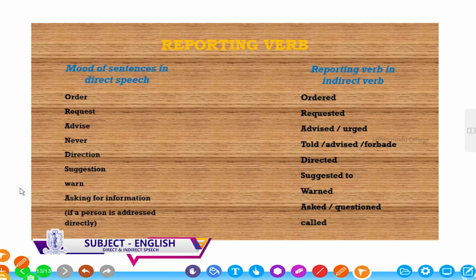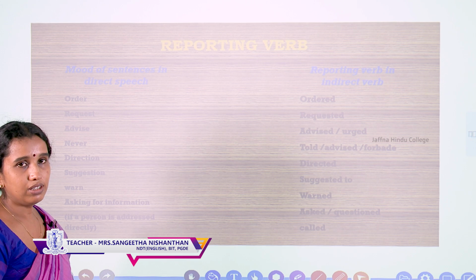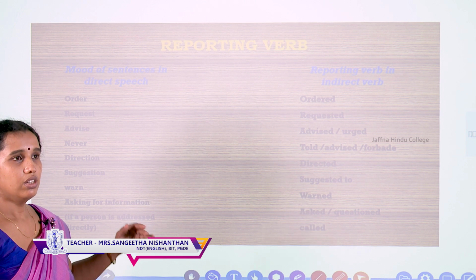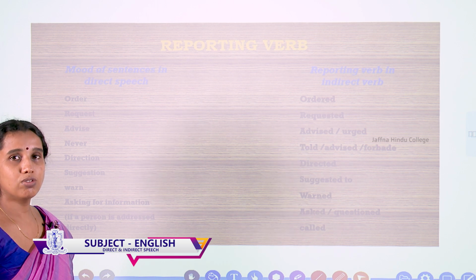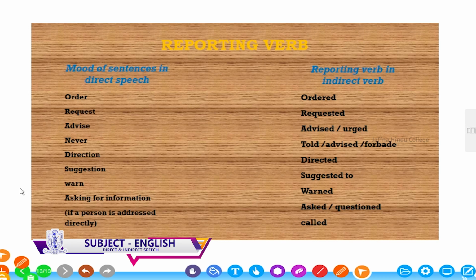If it is an advice, we can use advised or urged. If there is an advice with a never, we can use told not to, or advised not to, or we can use forbade. When we use forbade, there is no need to use not.